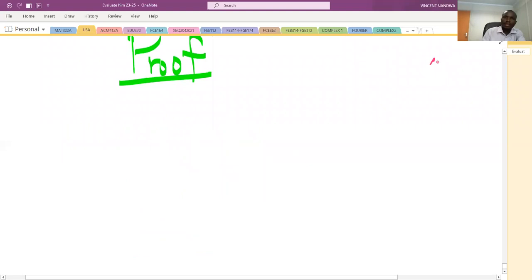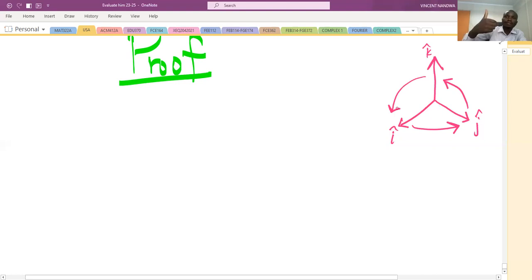I said that if you have the X, Y system or the axis, then this is how we take the directions using our right hand. i cross j, you go to k. j cross k, you go to i, and then k cross i, you get j.